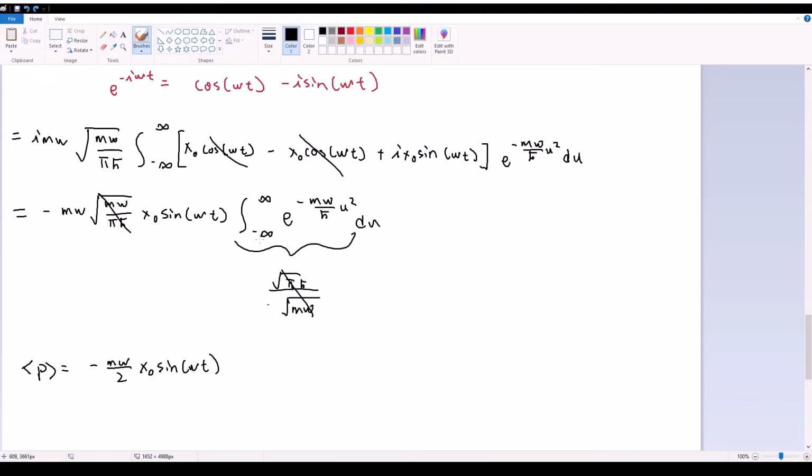Here, I just evaluated it from negative infinity to positive infinity straight up without taking advantage of the fact that this is even. So if I actually did the integral like this, the result would not have a 2 at the bottom. So it's not supposed to have this 2 here. That's my mistake. But this is indeed the final value for the expectation value of p.